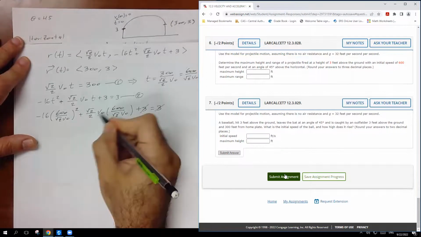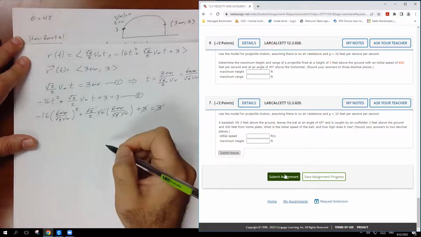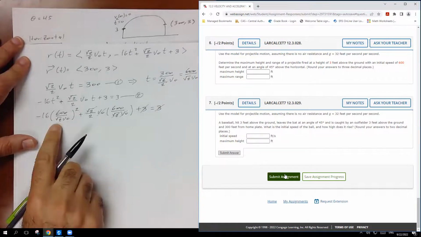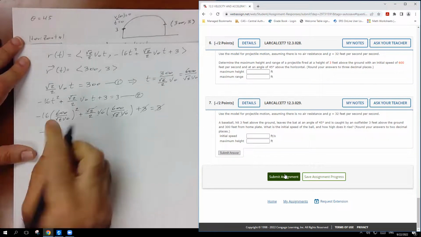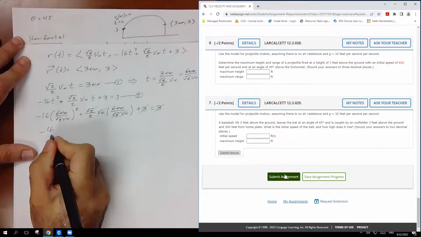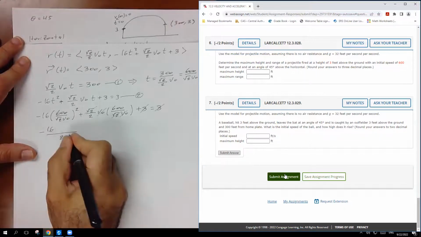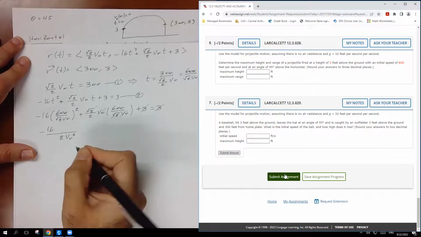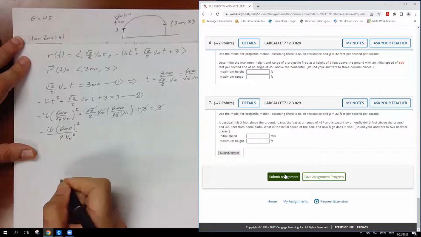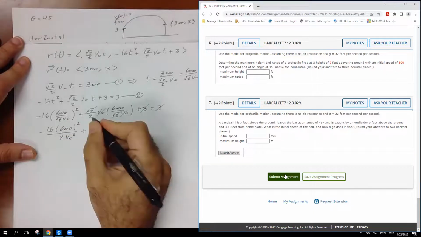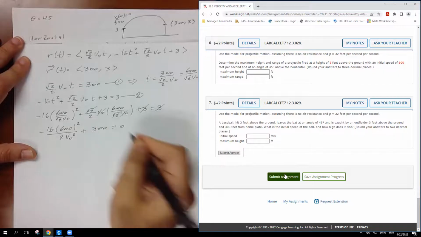Cancel v naught with v naught, square root with square root. I'm going to keep this one. So here is going to be negative 16. Square root of 2 squared is going to be 2. That means I can get this one out as a 2. And here is v naught squared. I'm going to keep 600 squared here. The plus 600 divided by 2 is going to be 300, equal to 0.